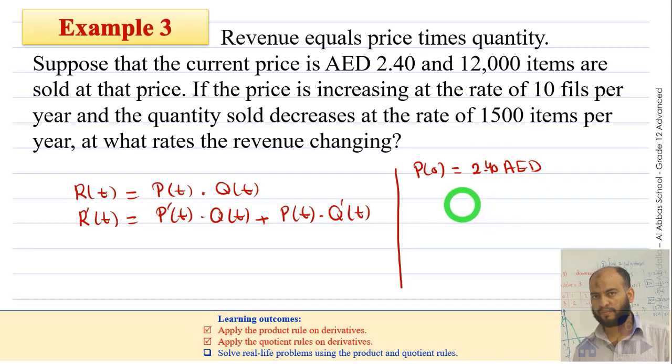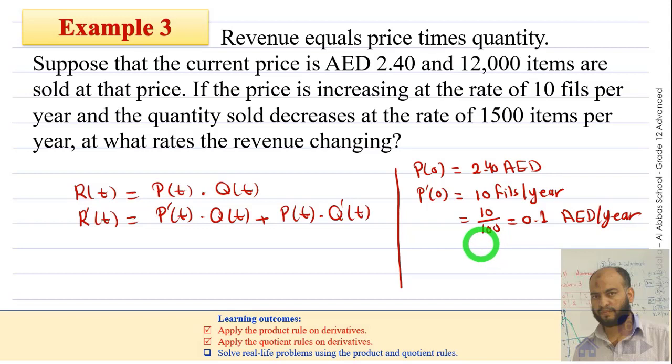And the rate of change of the price is P prime of 0 equals 10 fills per year. Here we must convert fills to dirhams: 10 over 100 equals 0.1 dirham per year.